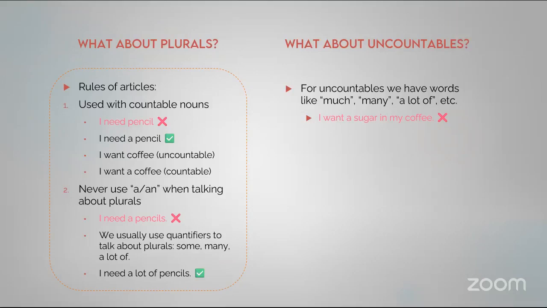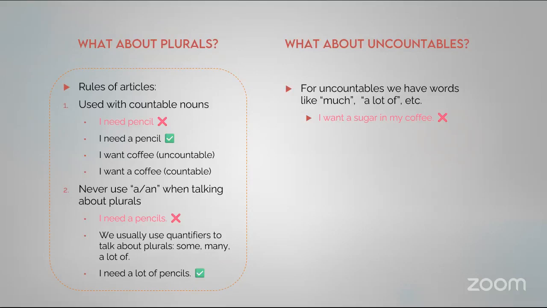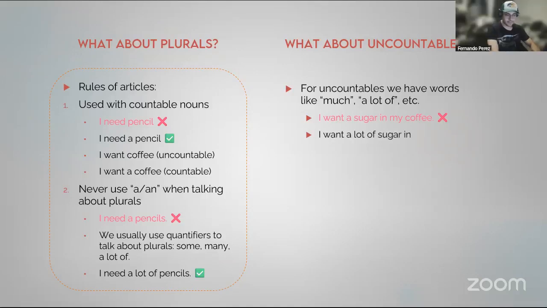I want many sugar in my coffee. Sorry, many is for countables. Okay. A lot of sugar. I want a lot of sugar in my coffee. Okay. Never use the article a or an with uncountable nouns.